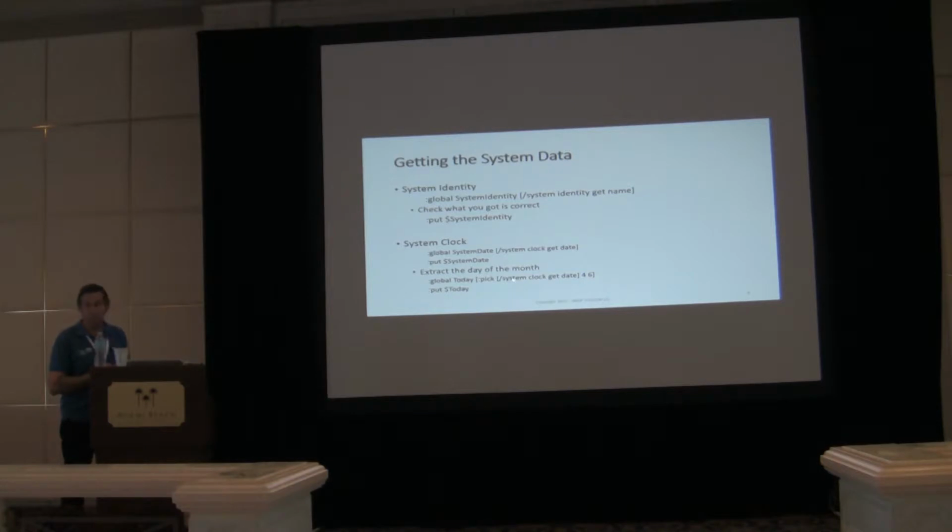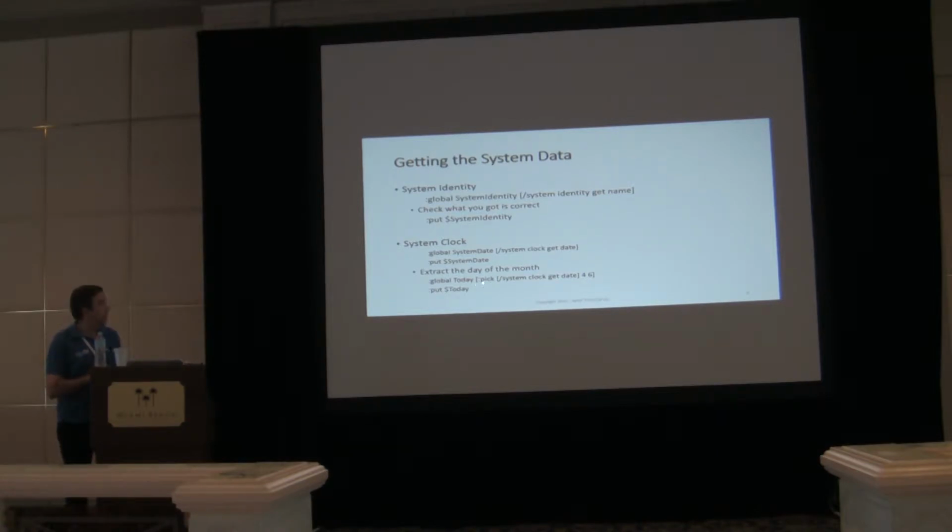If you want to extract the day of the month from the date that you got, then use a pick command. And I've got a quick reference guide I'll give you at the end that you can take away on some of this as well. What we're doing is we're saying, look inside this data that we got, so that's the command, which we know got the date back, and then pick out the data that starts in column 4, 5, and 6.